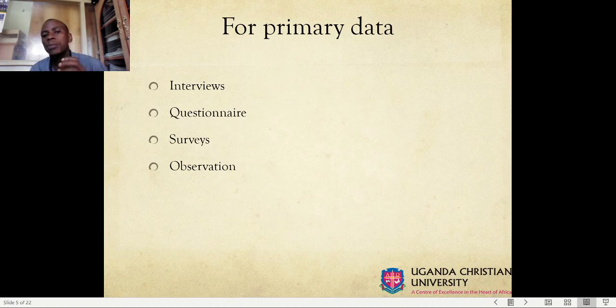When it comes to primary data, there are several ways we can collect it. We can use interviews, questionnaires, observations, or surveys. We'll look at some of these in more detail. These are the methods we use to gather primary data, the data you're collecting for the very first time.